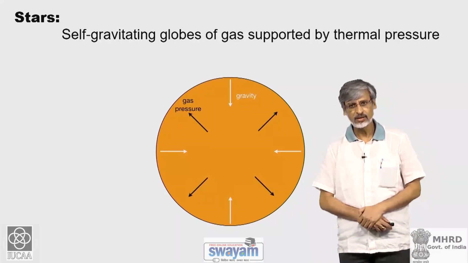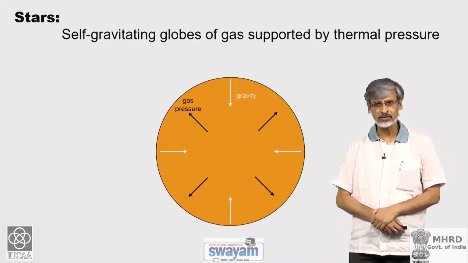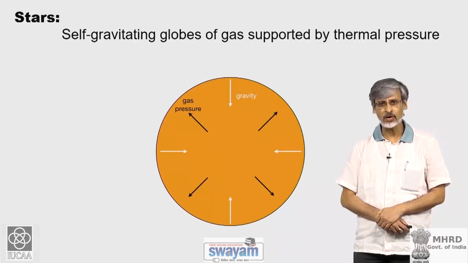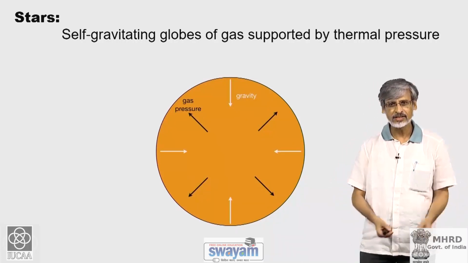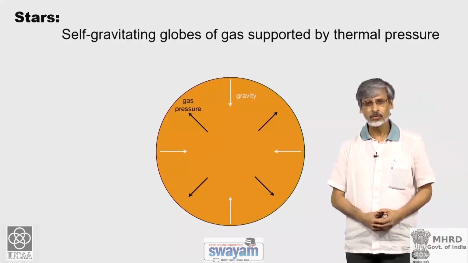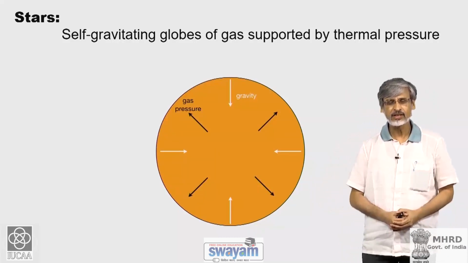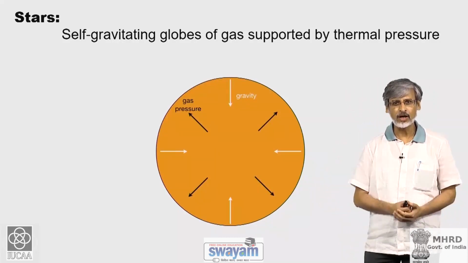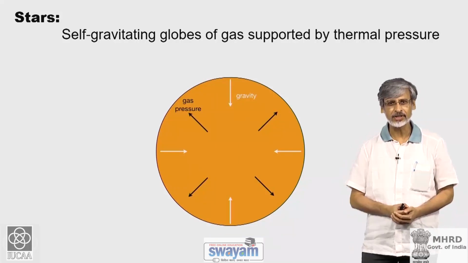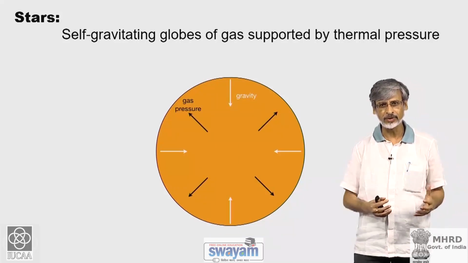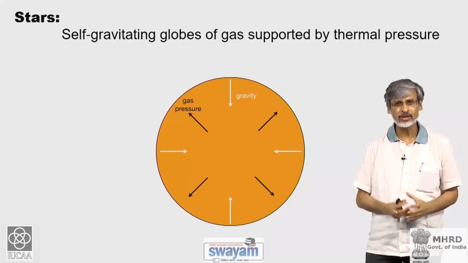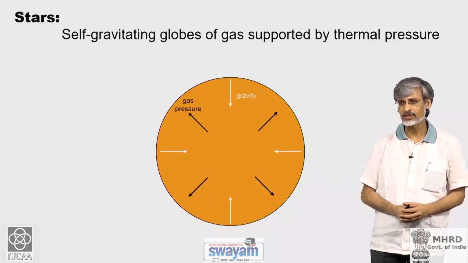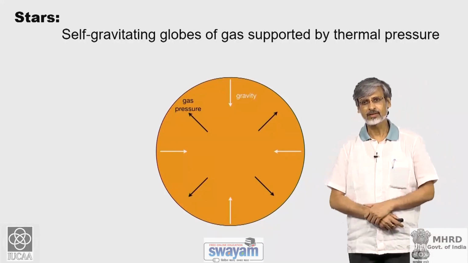So, material inside the stars is hot, and this hot gas, just like steam in your pressure cooker, produces an outward pressure, and this outward pressure then opposes the gravitational force and finds an equilibrium. And when there is an equilibrium, we have a stable object, and that is the star that we normally see.